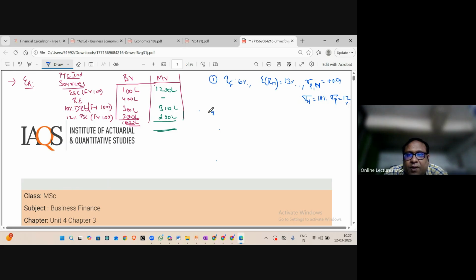Second, pre-tax KD is 9.5 and KP, cost of preference, is explicitly given.